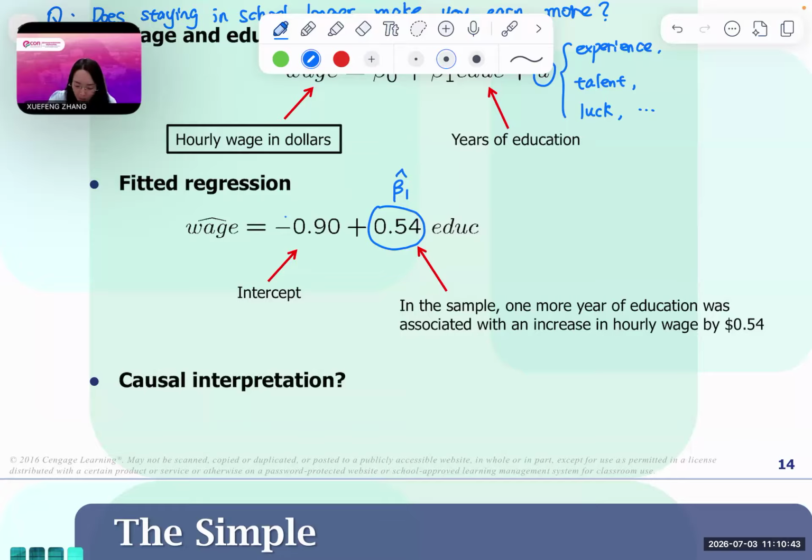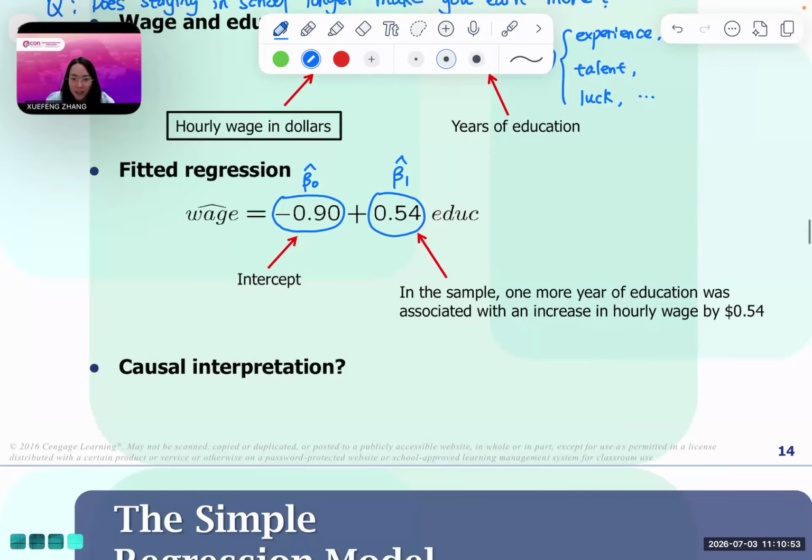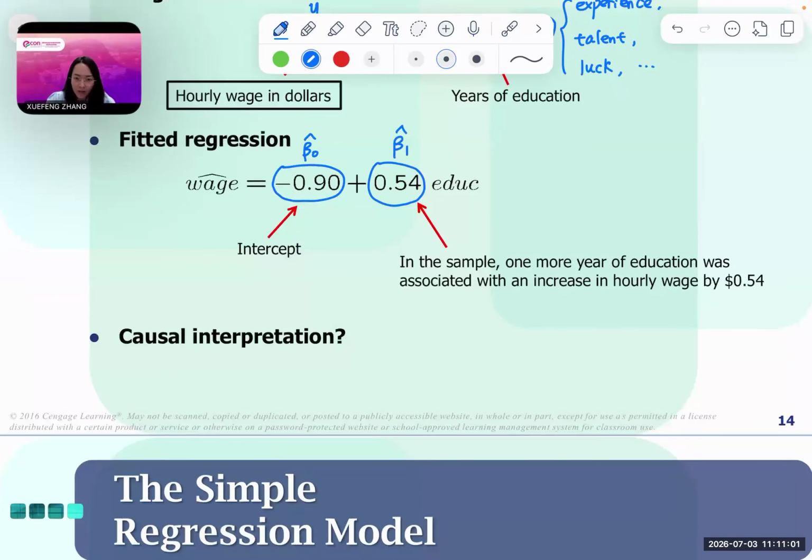How about this one? Negative 0.9. This is our beta 0 hat. Of course, it's our intercept, right? And here it's negative. So it means that someone with 0 years of education earns negative $0.9 per hour. Does it make sense? What do you think? Actually, this makes no sense in real life, but don't worry.